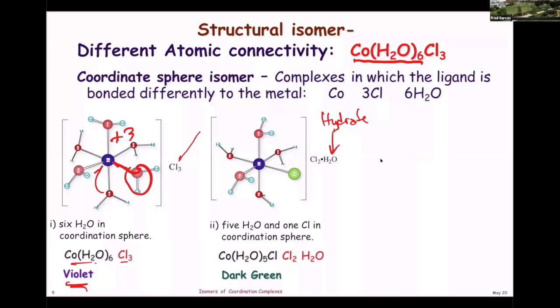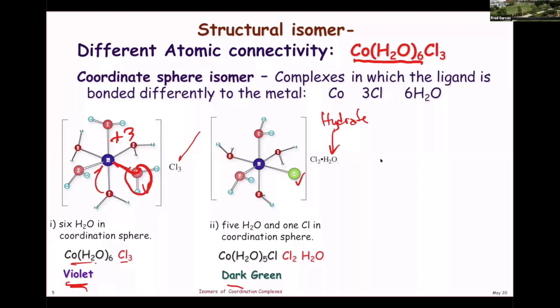For those of you in lab, when you made the nickel salts, those were hydrates. So in this particular case, you still had the same formula. You still had the same number of waters, same number of chlorines, and same number of cobalt. So the formulas are identical, except now instead of water, you have chlorine attached to the cobalt.